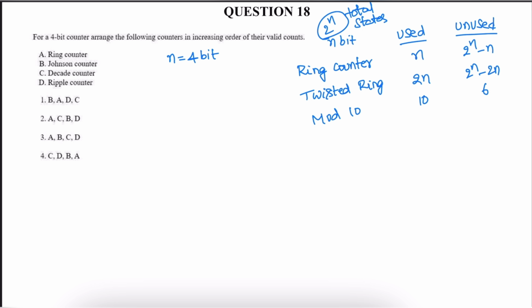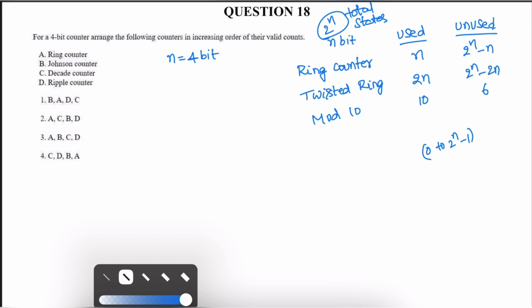Next, for a ripple counter, all states are used, that is 0 to 2 power n minus 1. All states are used. So this is for the ripple counter.